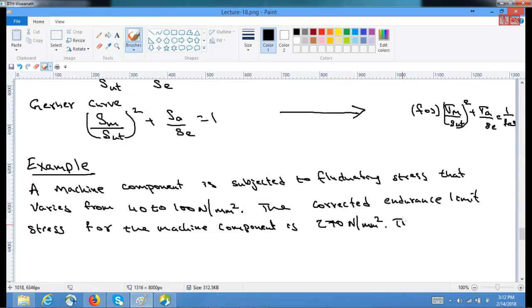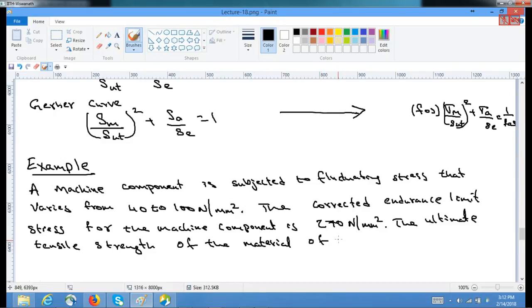The ultimate tensile strength of the material of the component is 660 Newton per mm square.